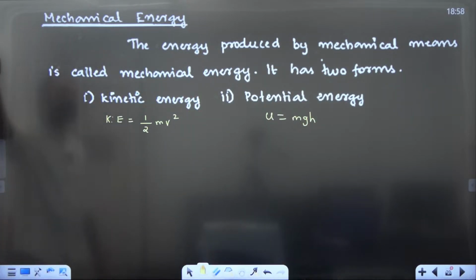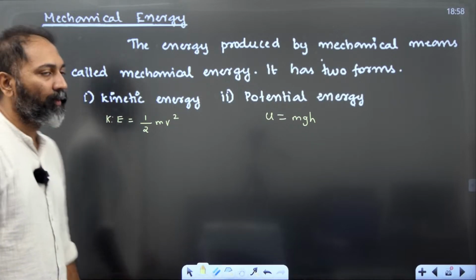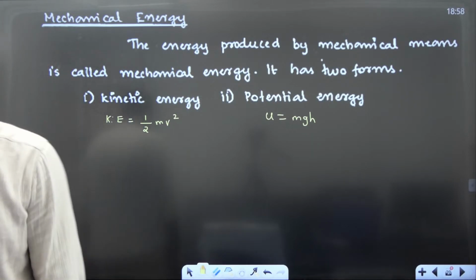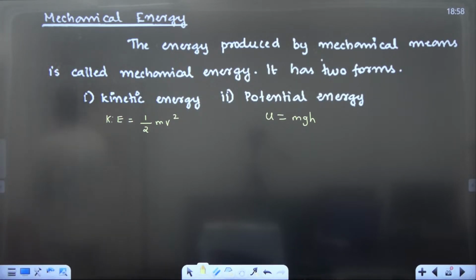Note down mechanical energy. Energy produced by mechanical means is called what? Mechanical energy, divided into two. What are they? Kinetic energy and potential energy.